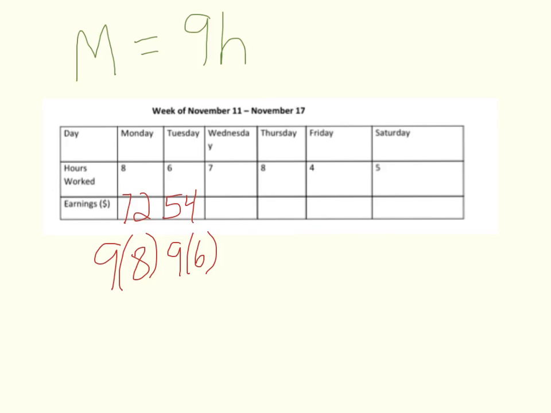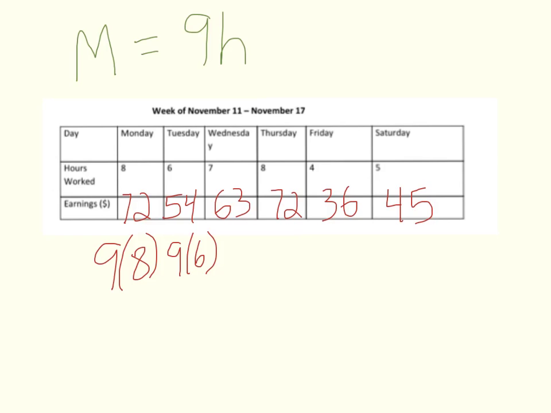And just keep going through that through Wednesday, Thursday, Friday, and Saturday. 9 times 7, 63. There's another 8, so there's 72 again. Took a short day on Friday. Only made $36. And again, took a short day on Saturday. 9 times 5, $45. So we filled in our table.